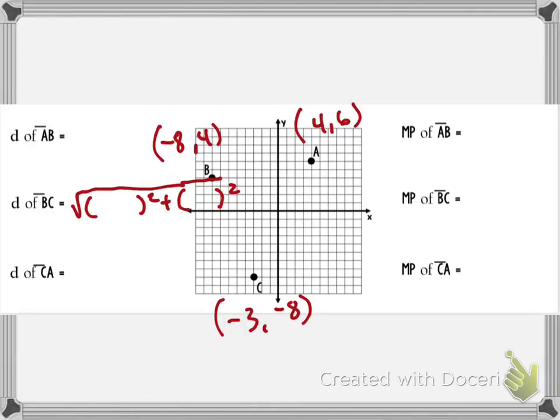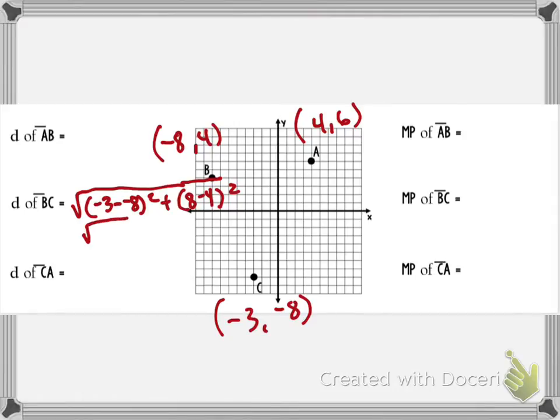Okay, so you guys have plugged in the points for the distance for B and C. I'm going to use -3 minus -8 and 8 minus 4. You could have set it up with -8 minus -3 and 4 minus 8. You'll get the same answer. Did you set yours up correctly?